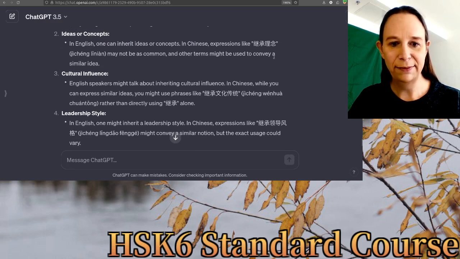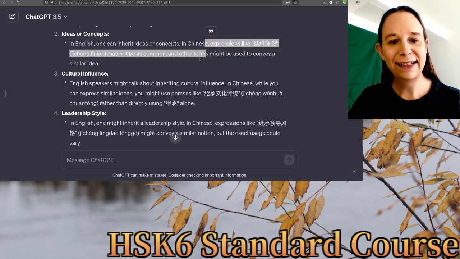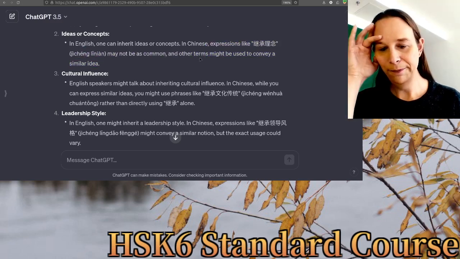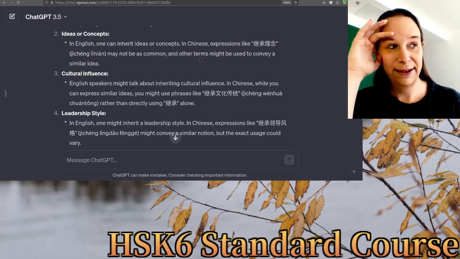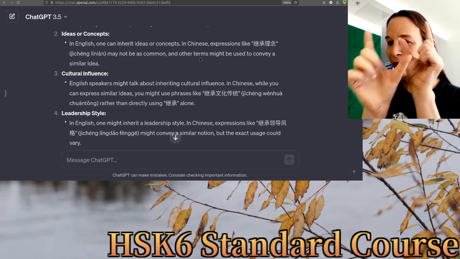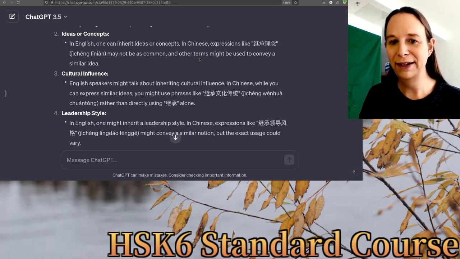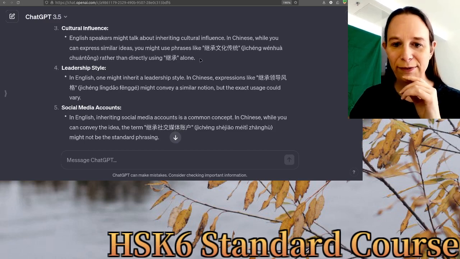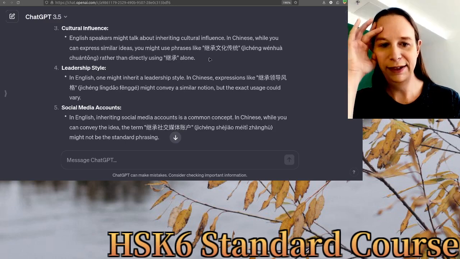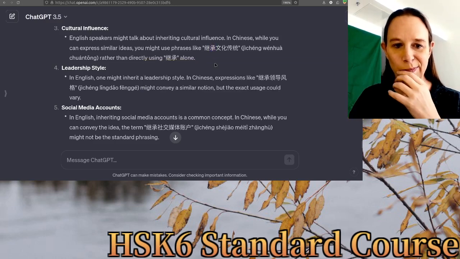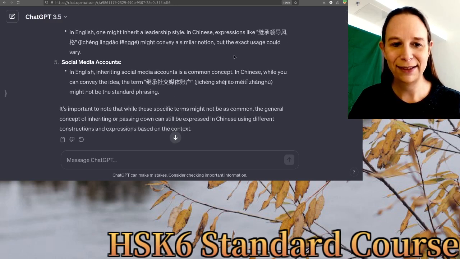Inherit ideas or concepts. Oh, yeah, you can say that in English. Like you have a word and a derivative word, and that derivative word will inherit some of its meaning from the original word. Cultural influence, yeah, you inherit cultural influence. 继承文化传统, you inherit traditions rather than influence.